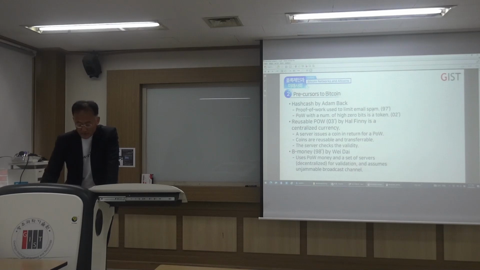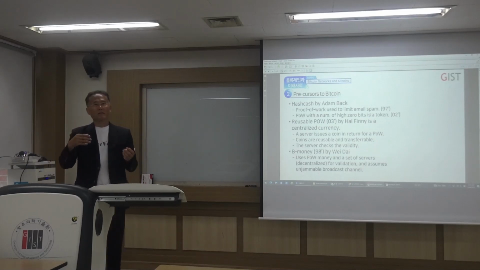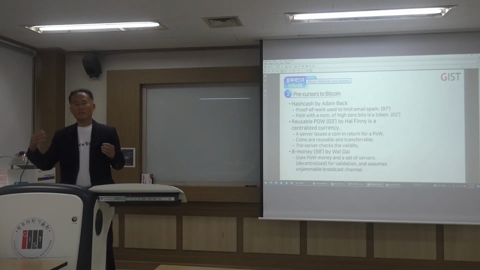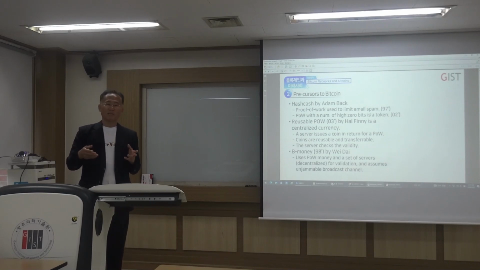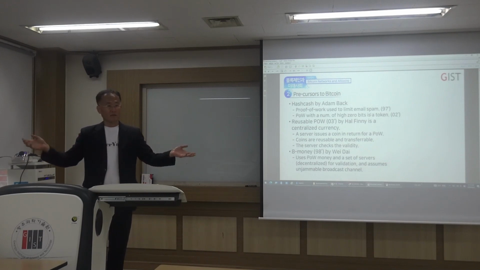Basically, ever since email has been invented, there are some spam mails, right? One can collect the email addresses from the internet and then send out the advertisement message to all of them, like a million of them.